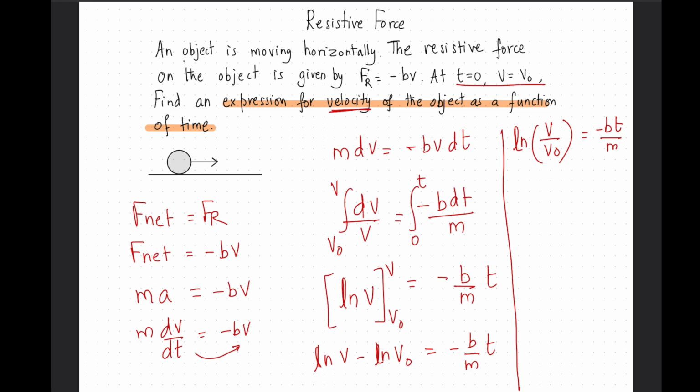I'm going to take the exponential function on both the sides in order to get rid of the natural log. So v over v0 is equal to e to the power of minus bt over m. Rearranging the equation for velocity, because that's what we want the expression for, v equal to v0 e to the power of minus bt over m. That's how we can get the expression for velocity.